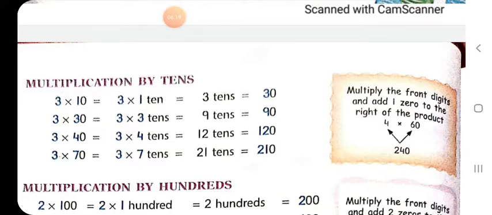How many zeros are there in the ten? 1. So it is equal to 3 tens, equal to 30.